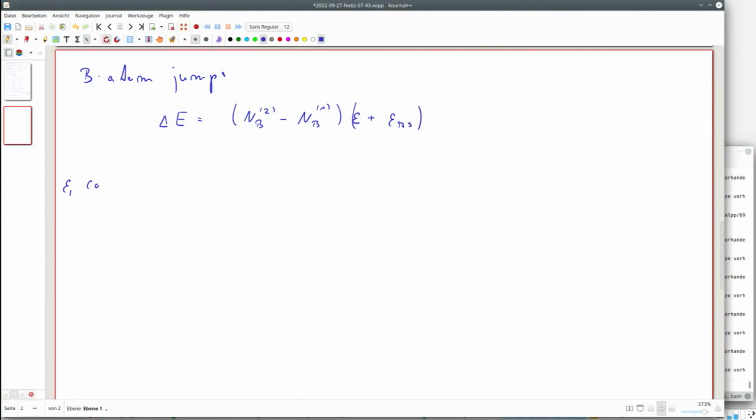So this controls the relative probability that either a B or an A jumps.